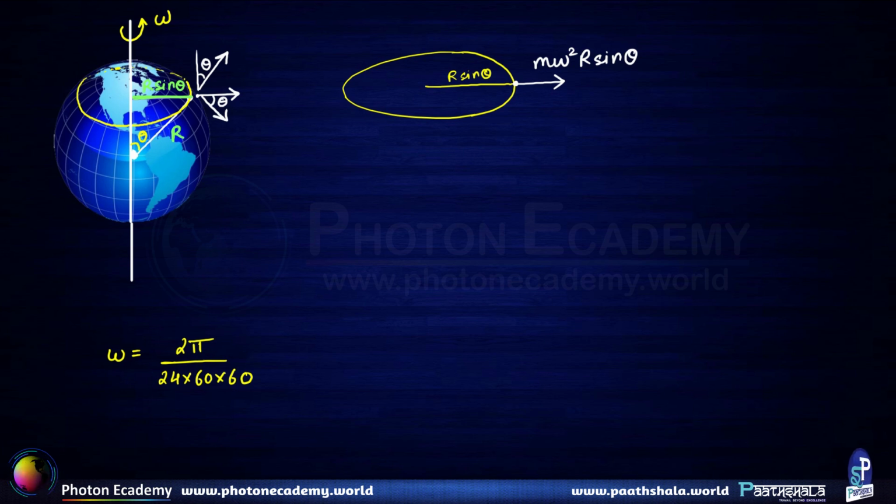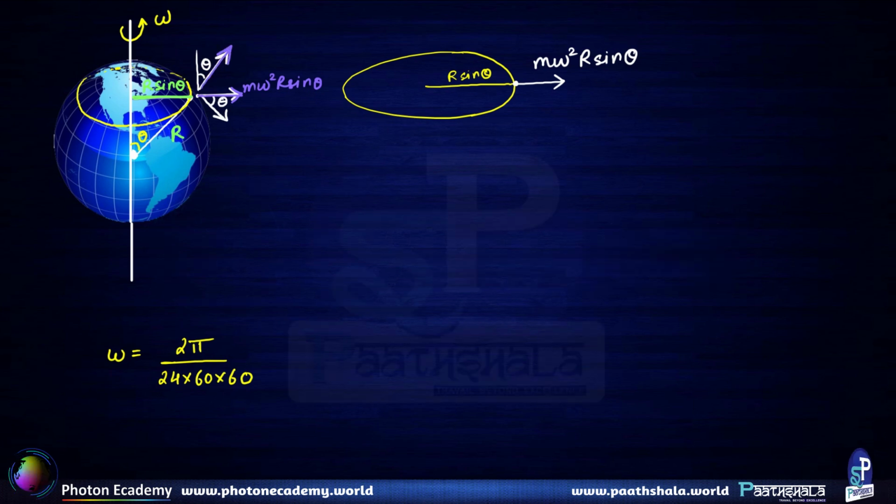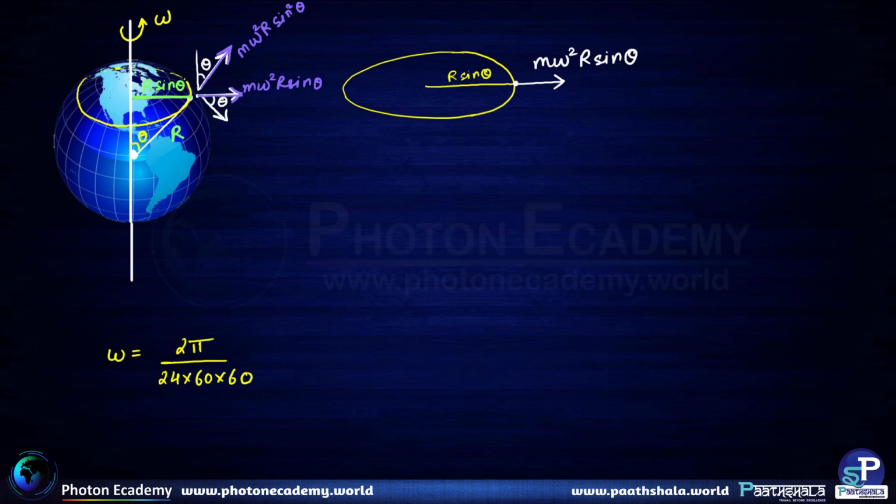So basically this centrifugal force, m omega square r sine theta, will have a component away from the center of the earth, given as m omega square r sine theta, and one more sine theta will be multiplied, so it is m omega square r sine square theta.